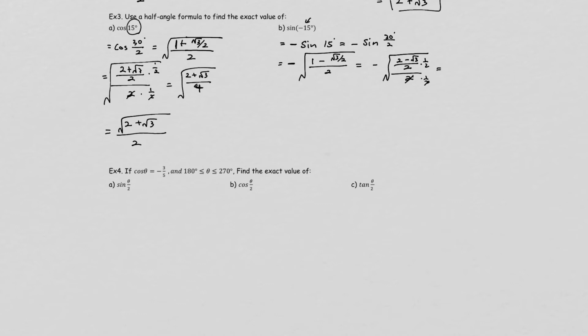To get rid of complex fractions, you get 2 minus square root of 3 over 4. That gives you negative square root of 2 minus square root of 3 all over 2 as the solution for sine negative 15 degree.